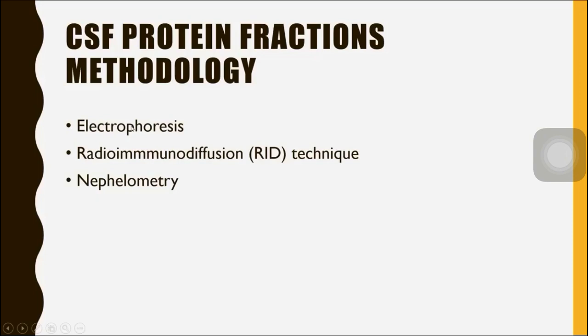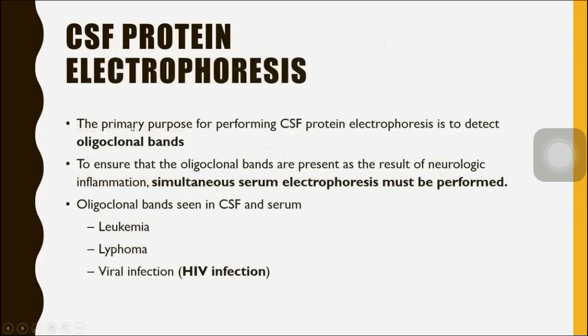The most commonly performed CSF protein fractionation is, of course, electrophoresis. The primary purpose of CSF protein electrophoresis is to detect oligoclonal bands. Before performing it, you must also perform serum electrophoresis to ensure that the oligoclonal bands or increased proteins are present as a result of neurologic inflammation, not a systemic condition.